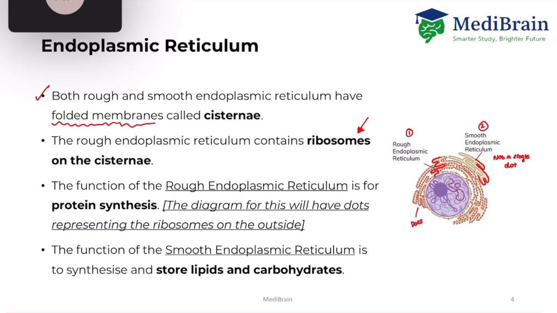The way that I remember this: we've got rough endoplasmic reticulum, or the RER. R for rough endoplasmic reticulum, and R for ribosomes. Then we've got the smooth endoplasmic reticulum: S for smooth endoplasmic reticulum, and S for store and synthesize.